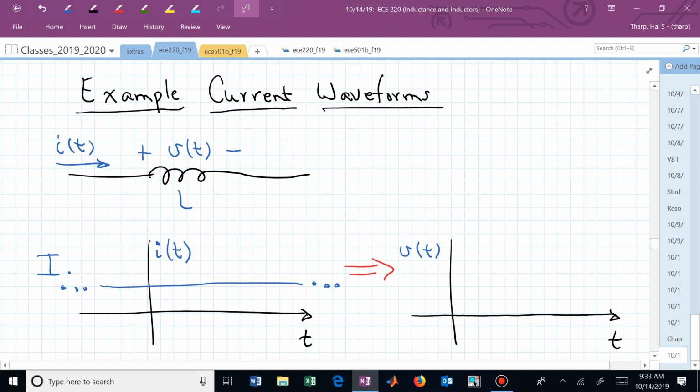Suppose now I give you a current, case 1, where the current is as indicated, and we could say that that's a direct current. That's been true forever. That's what the dot dot dots mean on the left and right of that. What's V of t look like?